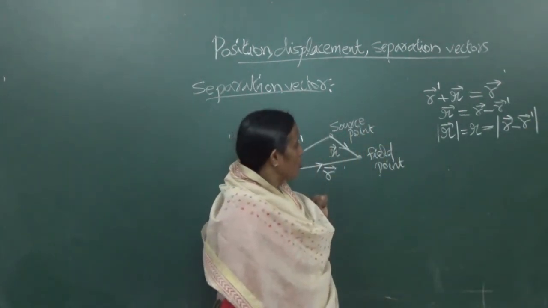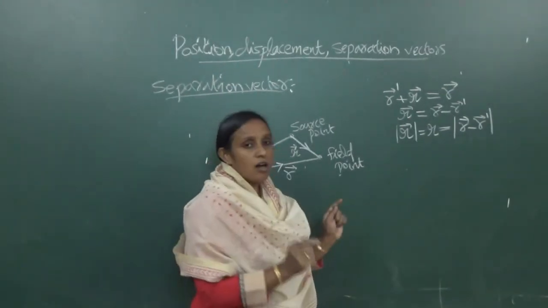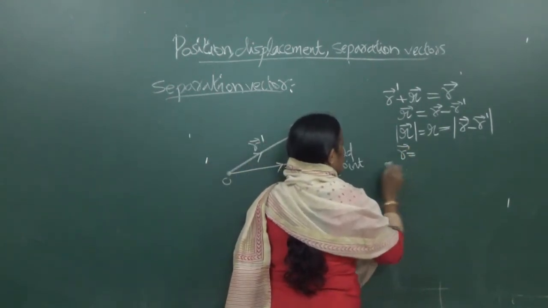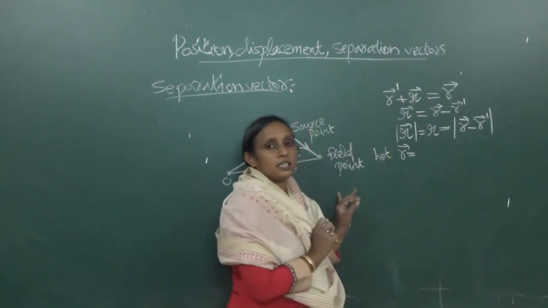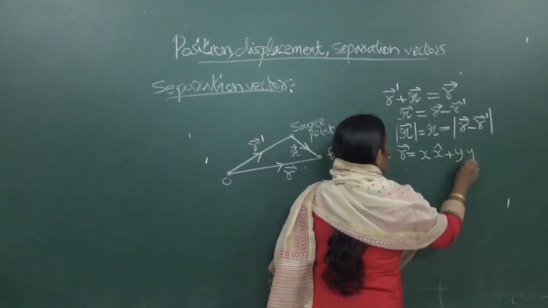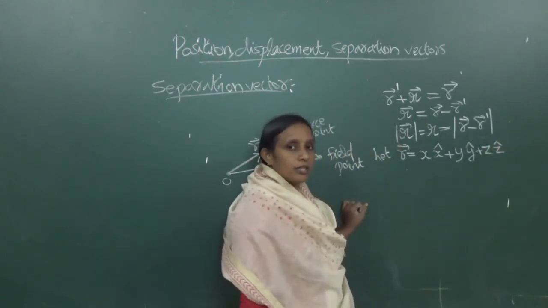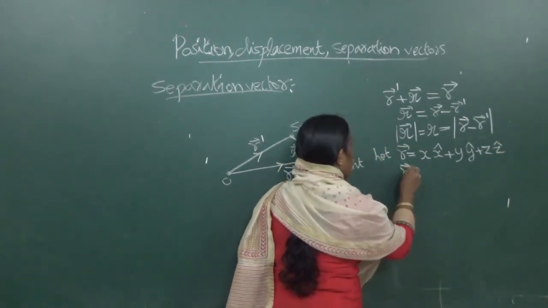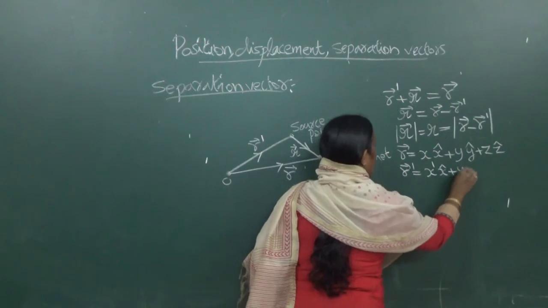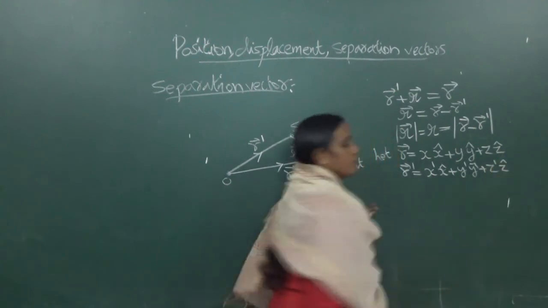Okay, now using our Cartesian coordinate system, we can write vector r equal to x cap plus y cap plus z cap. Similarly, r prime equals x prime x cap plus y prime y cap plus z prime z cap.